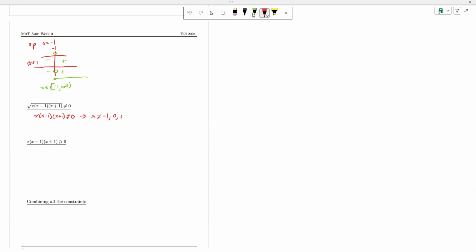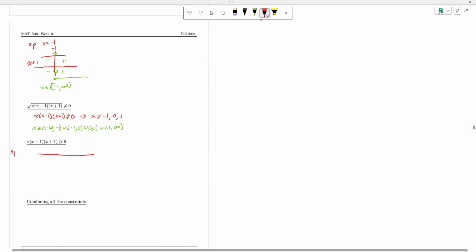So we would write this using interval notation as x is in minus infinity to minus 1, union with minus 1 to 0, union with 0 to 1, union with 1 to infinity.